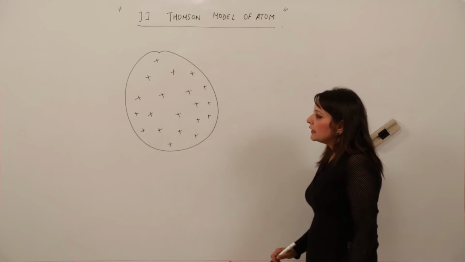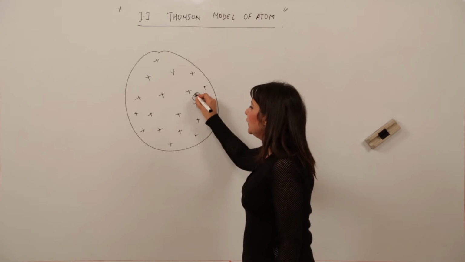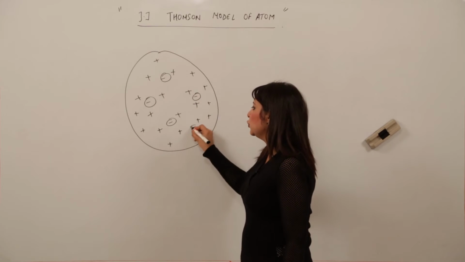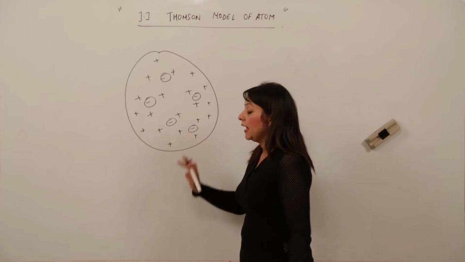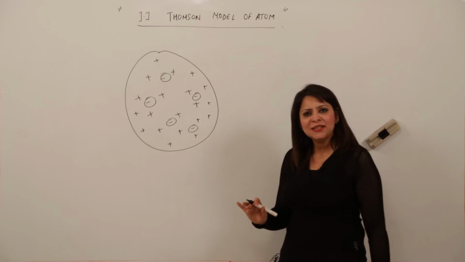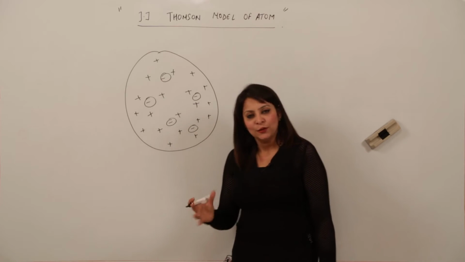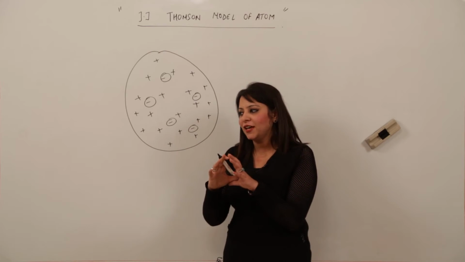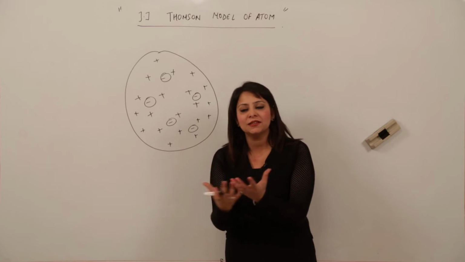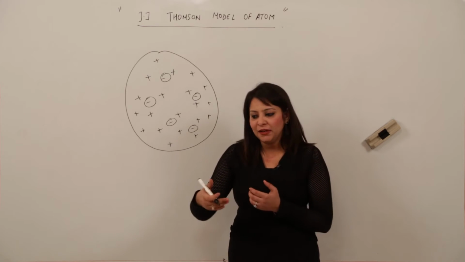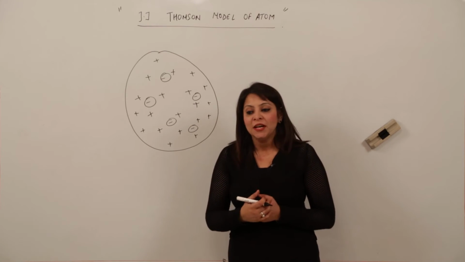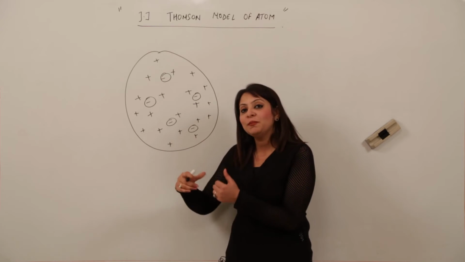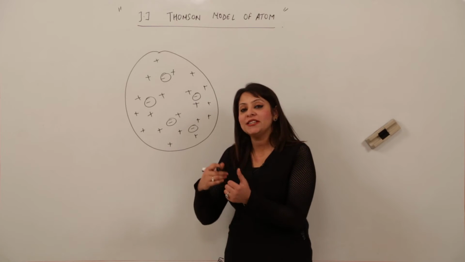Then he said that it contains a few negative charge particles like this, and the arrangement is such that you must have seen the cake, right? When we see a cake, it is beautifully white cream, or a strawberry flavor or pink, the color can be anything. So the whole color of the cake is one, but it has red cherries embedded in it. So he compared the model with the plum pudding model, or you can say the watermelon.